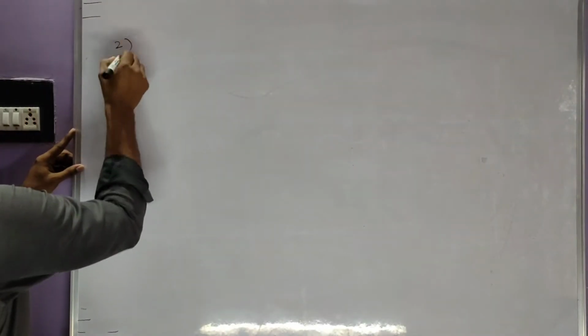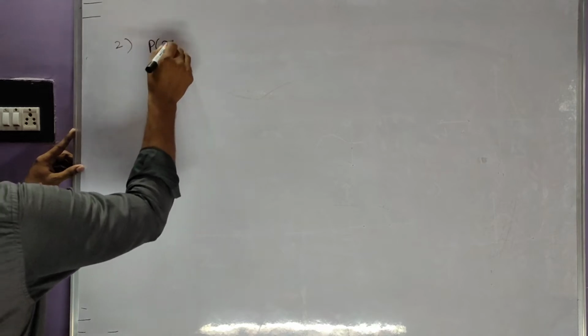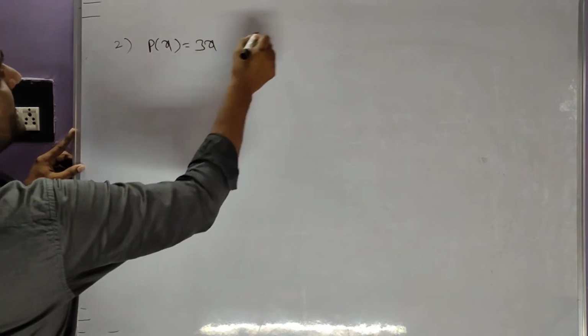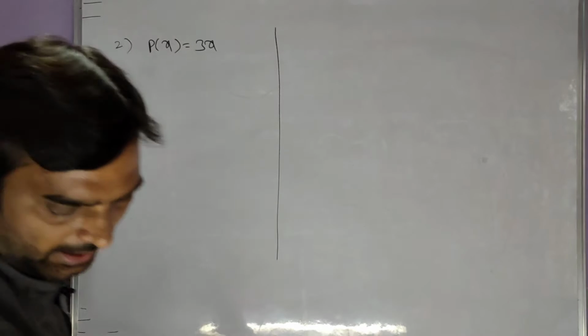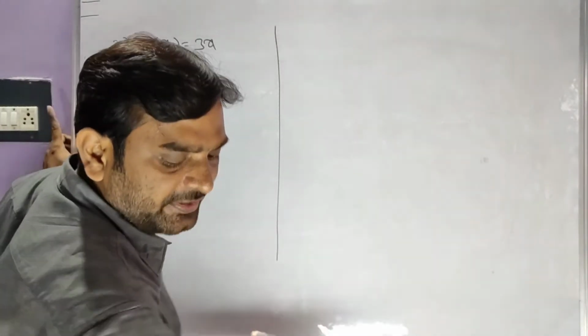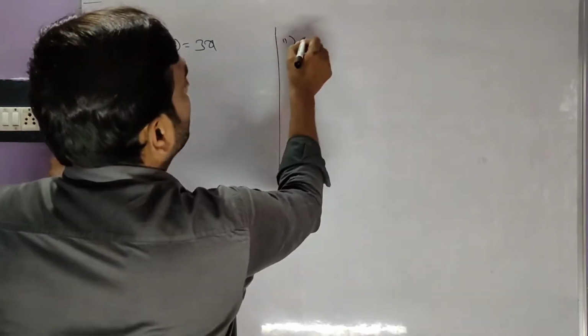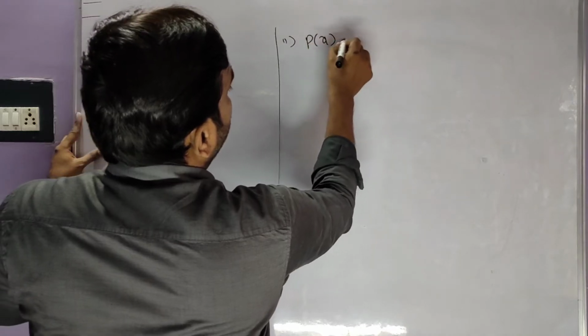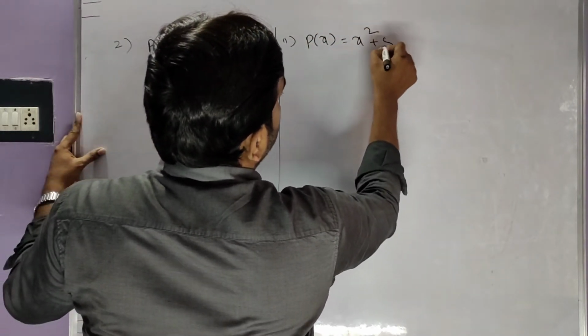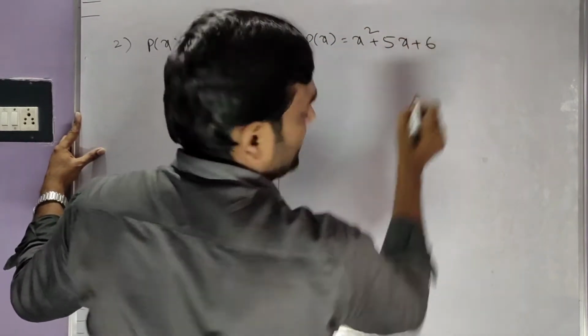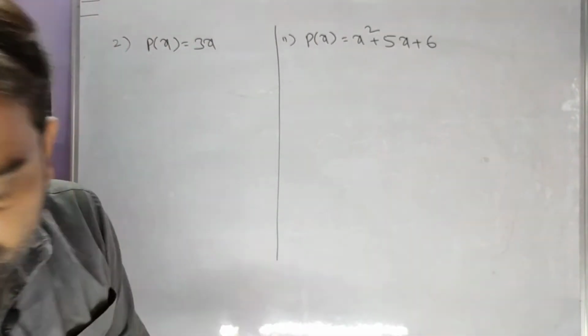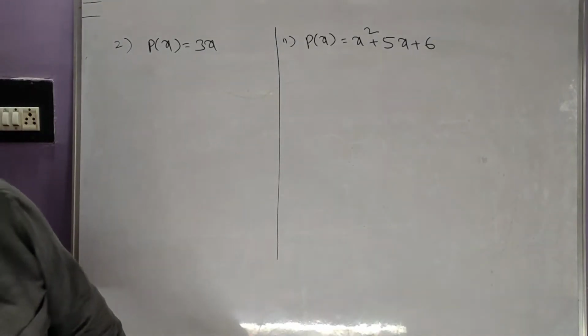Given that p of x equals 3x, and the second problem, p of x equals x squared plus 5x plus 6. Find the zeros of the given polynomial.